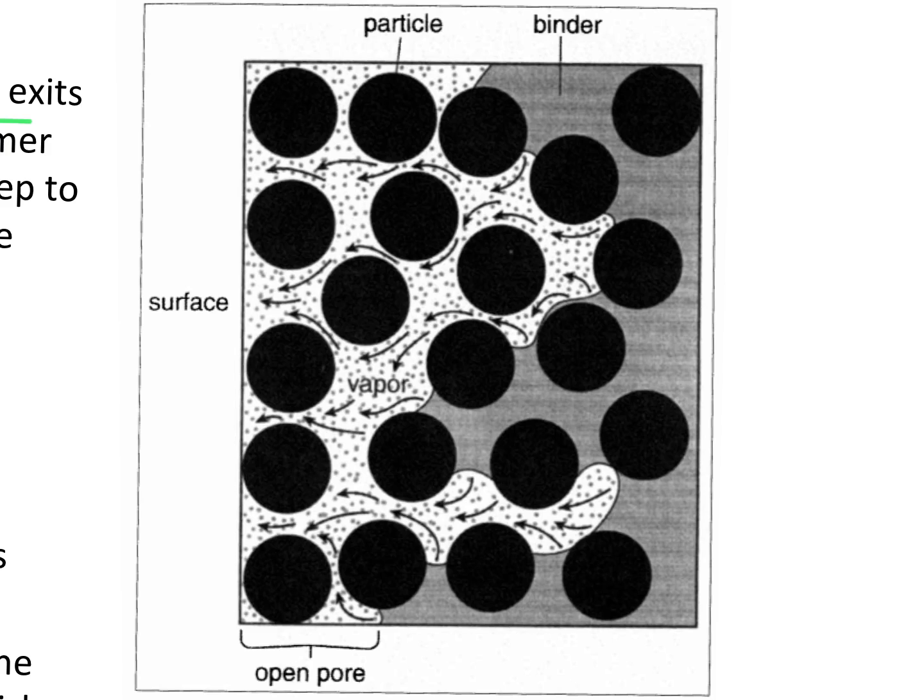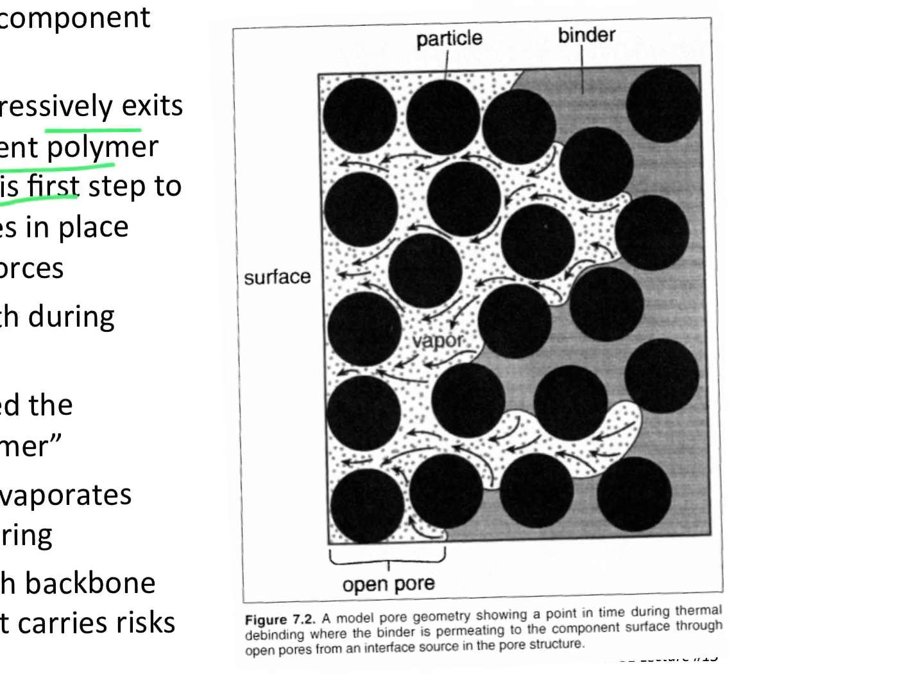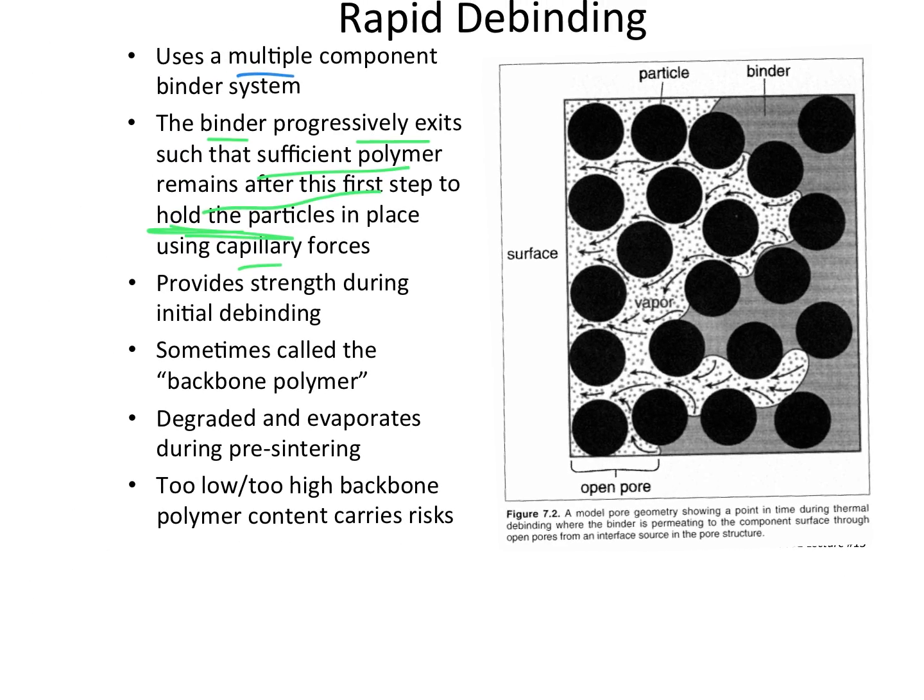You can also develop pressures. You can create conditions for carbon formation if you don't do this correctly. But what we're also hoping to do is see these bonds form, or at least be maintained between the particles, to help hold everything together in the right way. And so this gives it that very critical strength during the initial debinding.